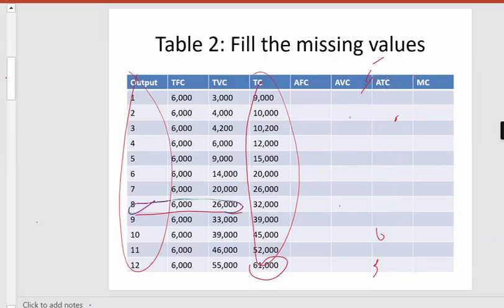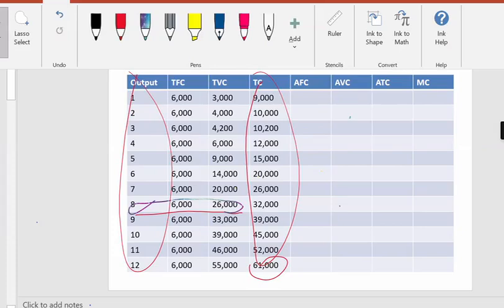What about marginal cost? Change in total cost divided by change in Q. Yeah, exactly.